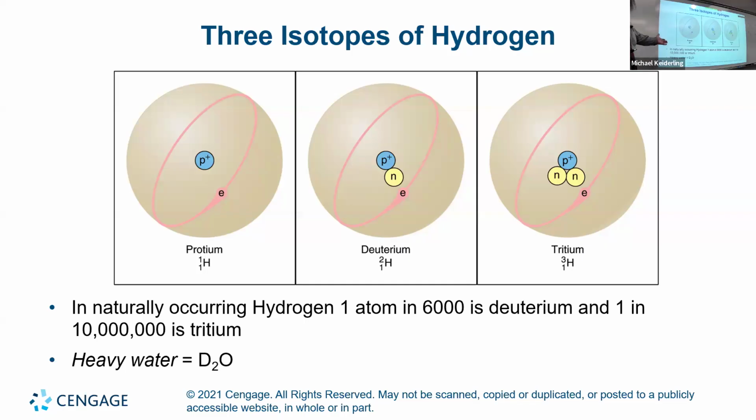And you can have something called heavy water, which is water with deuterium in it instead of hydrogen. That happens to be useful for certain sorts of measurements, like NMR measurements, because in NMR, deuterium has a different frequency than hydrogen. So if you make your solvent out of heavy water, the water signal vanishes from your measurement.